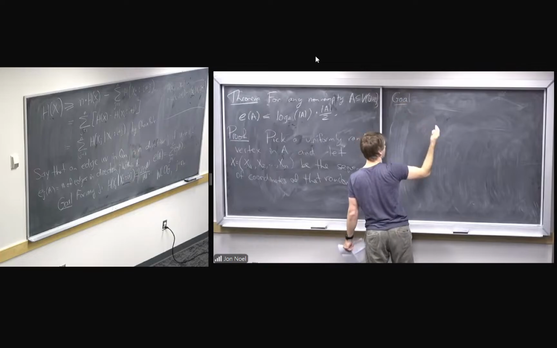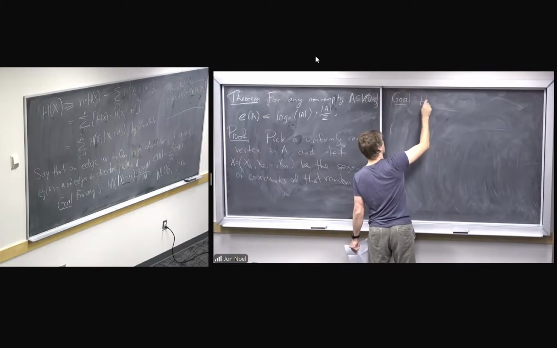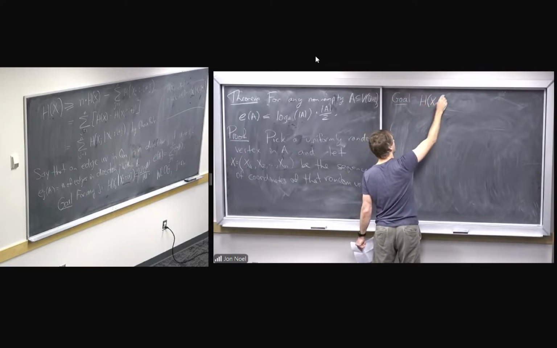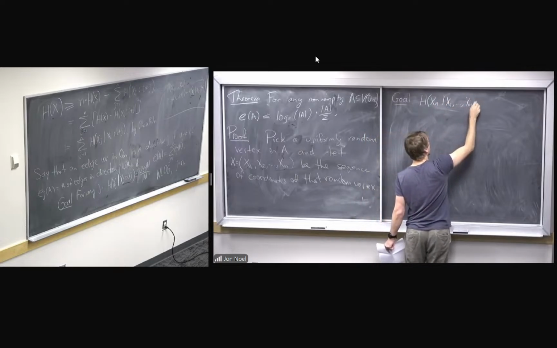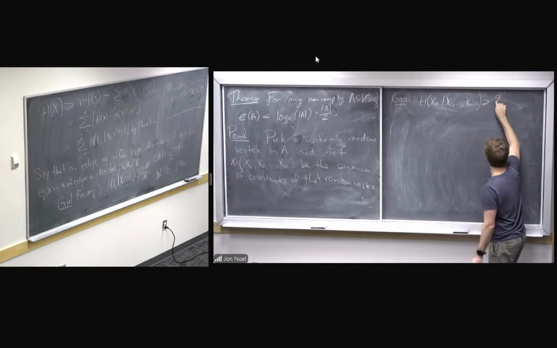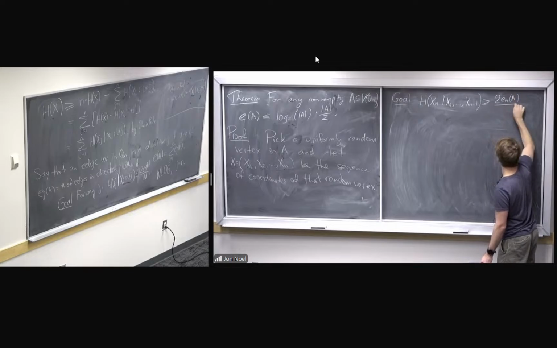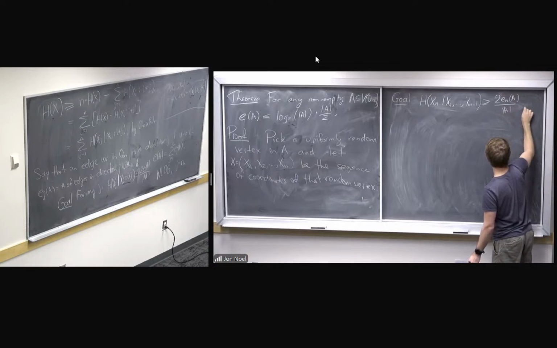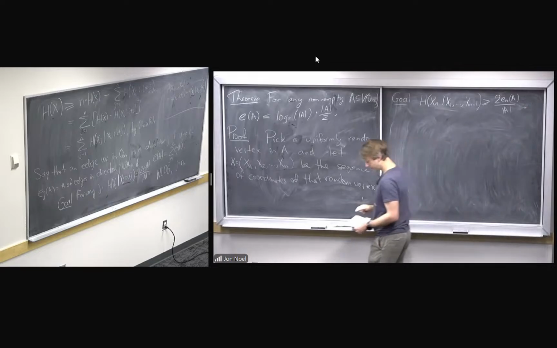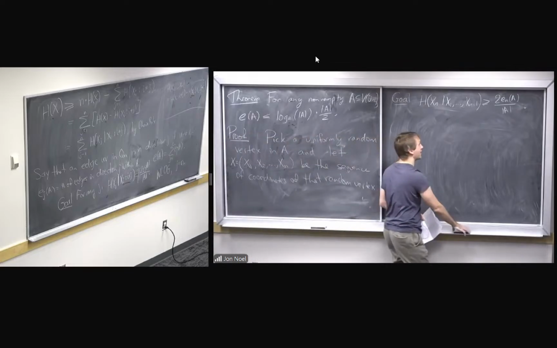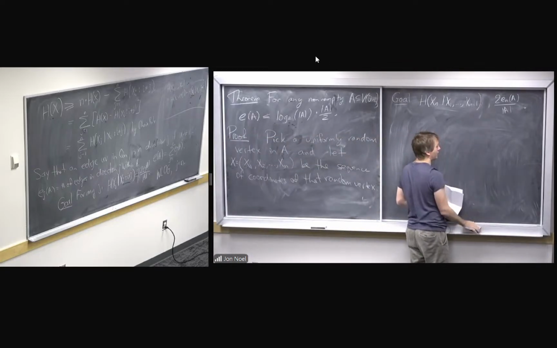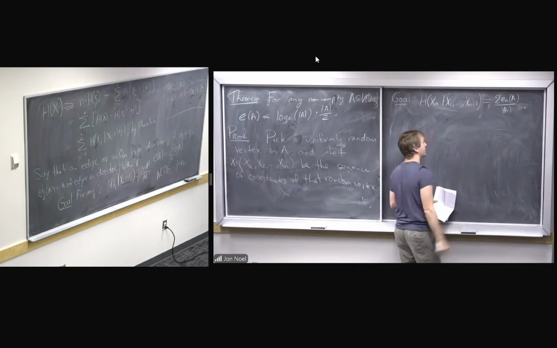Now that j is equal to n, my goal is to prove that the entropy of xn given x1 up to xn minus 1 is at least 2 times the number of edges in direction n contained in A over the size of A. And in fact, it's equal. I keep writing inequality. Really the inequality is what we want, but it's kind of interesting that it's actually equal.